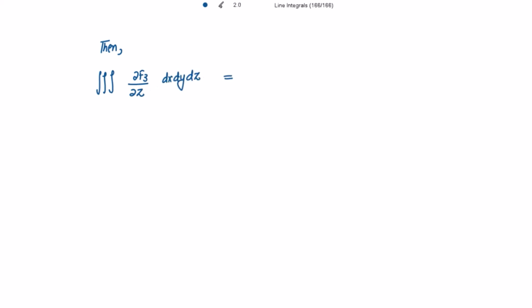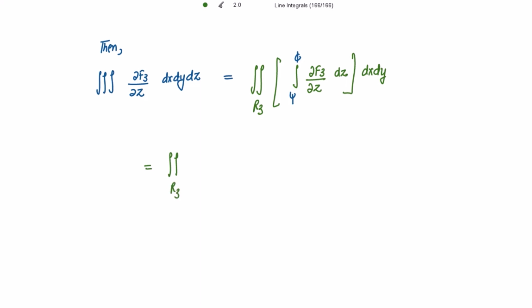That is equal to, taking this integral inside, ∂F3/∂Z with respect to Z, because we are getting the points in Z coordinates, and writing dx dy outside of this integral, taking the lower limit as xi and the upper limit as phi. So this is equal to the double integral over R3.